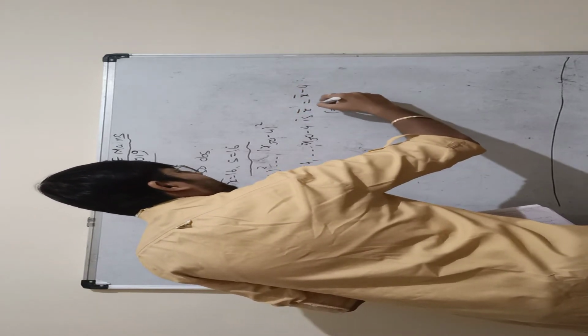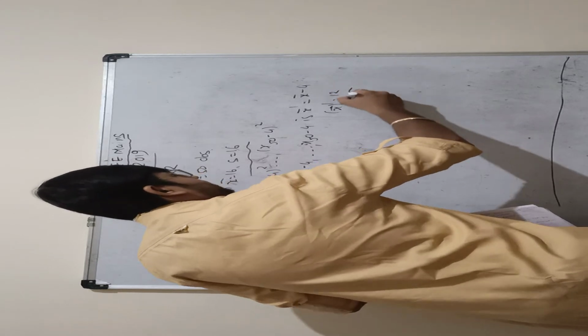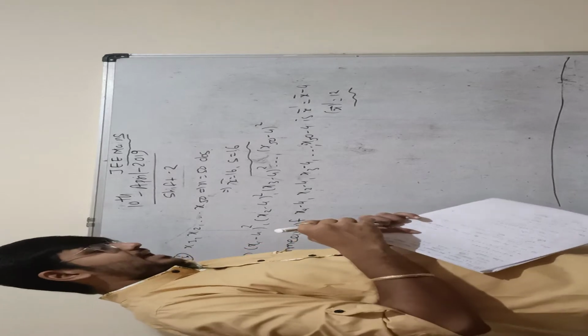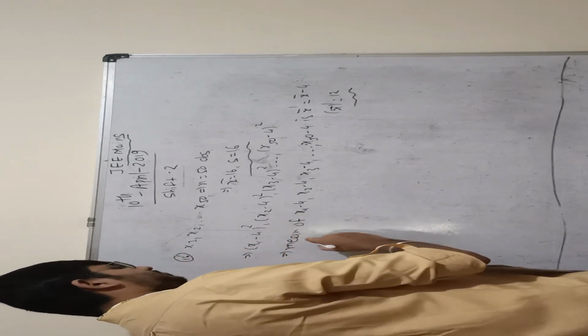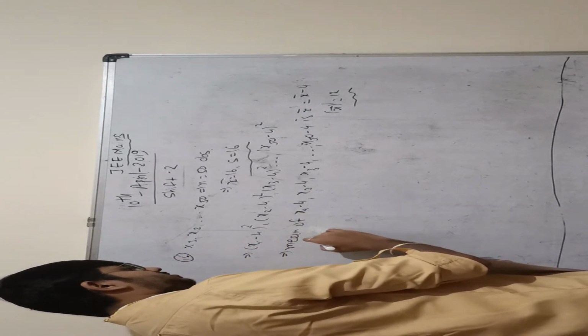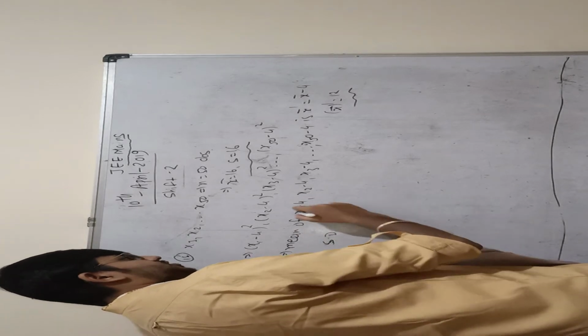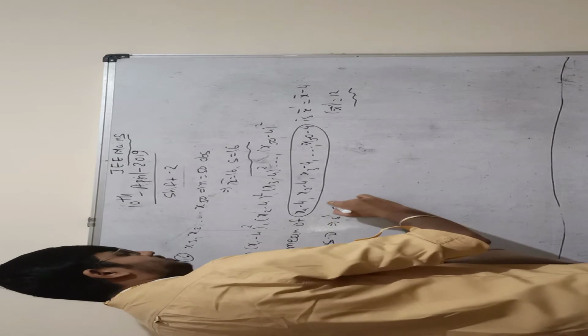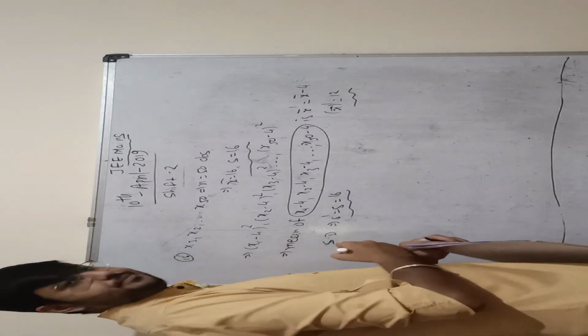So x bar dash equals 12 because the old mean is 16. And the standard deviation of these observations will not change, because s dash equals s equals 16.